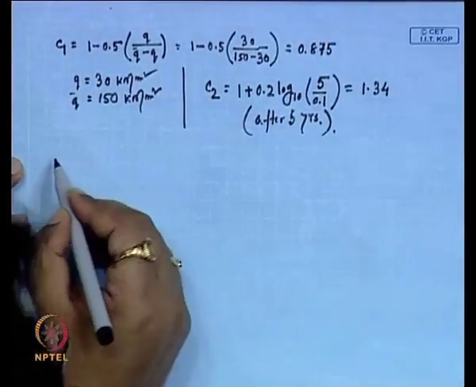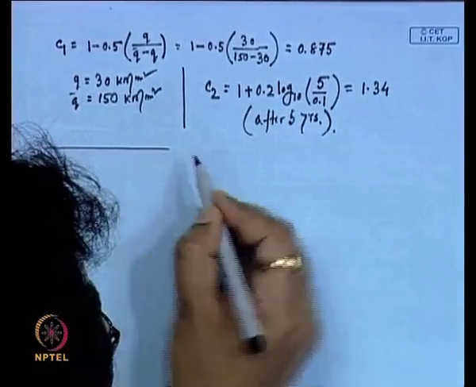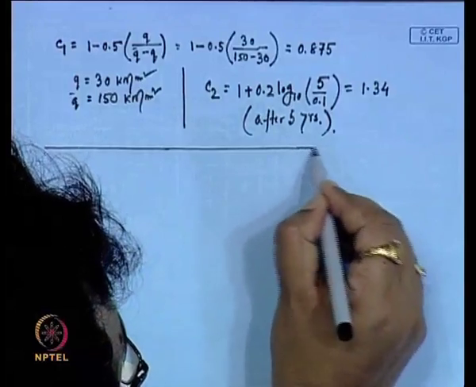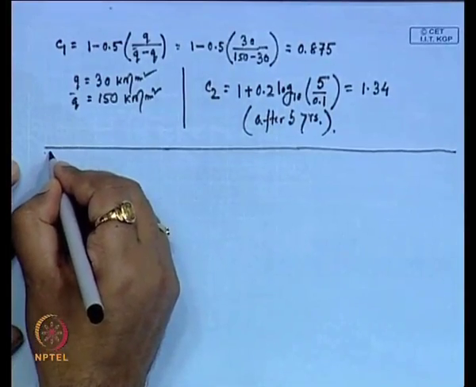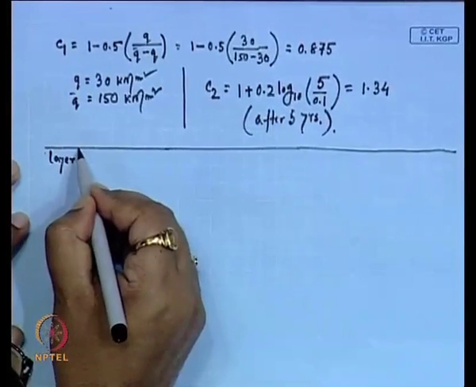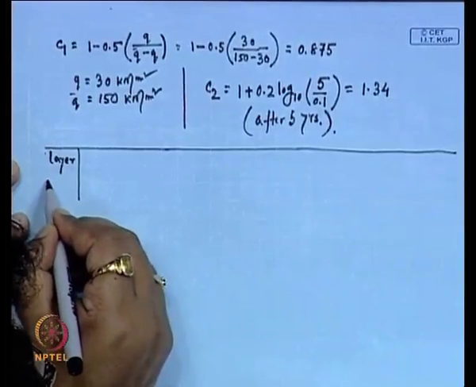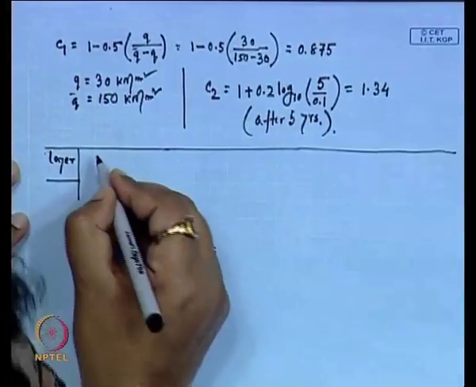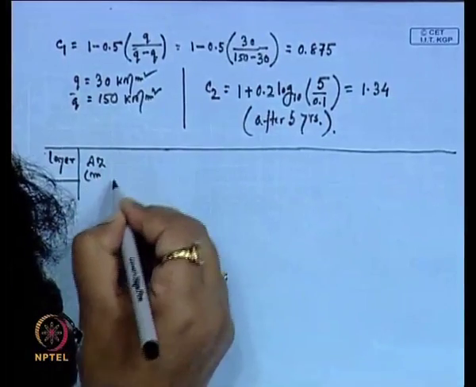Now, we have to prepare one table. Suppose this is the table you have to prepare. The first column is the layer. This is the layer, this is the del z, or the thickness of each layer in meters.